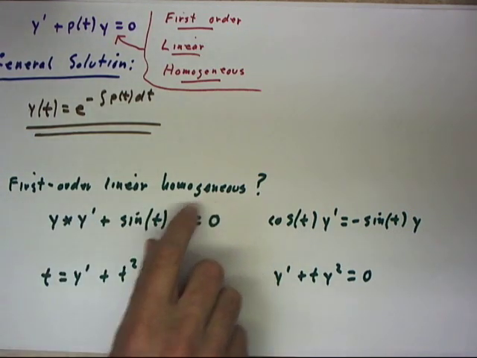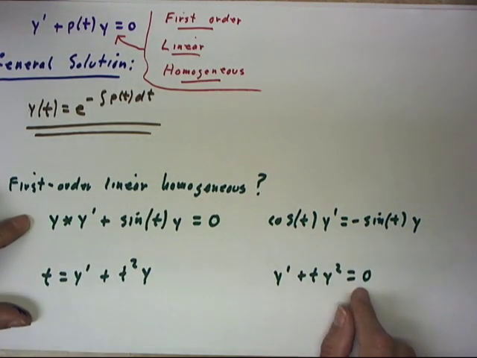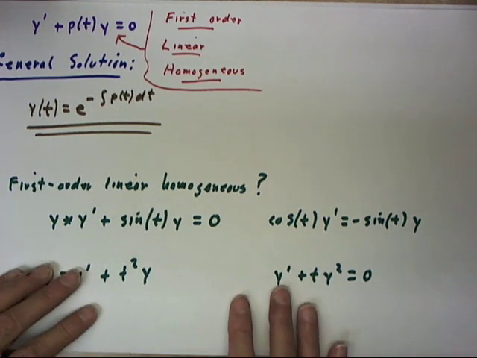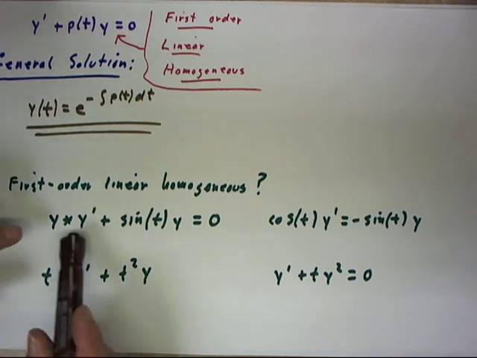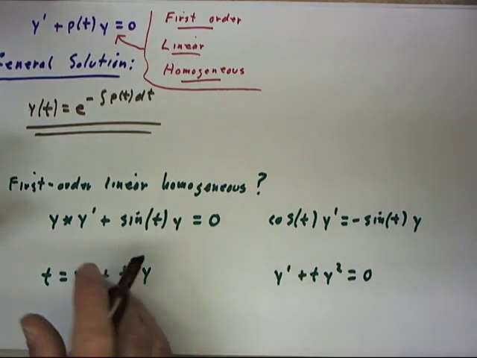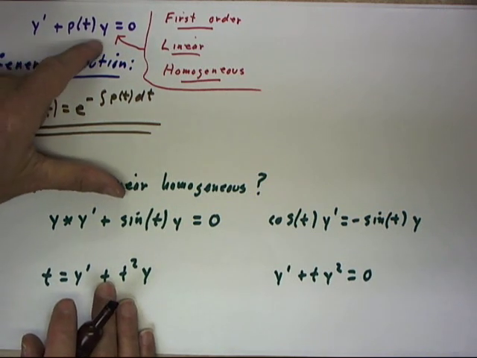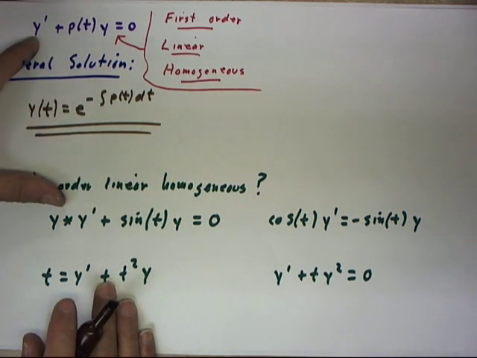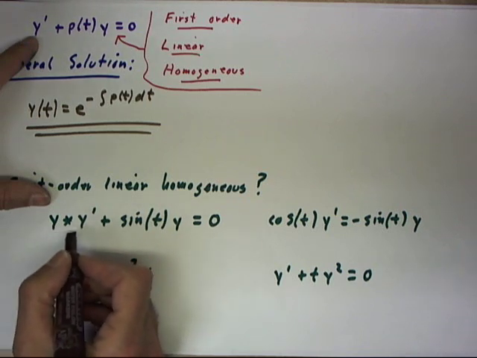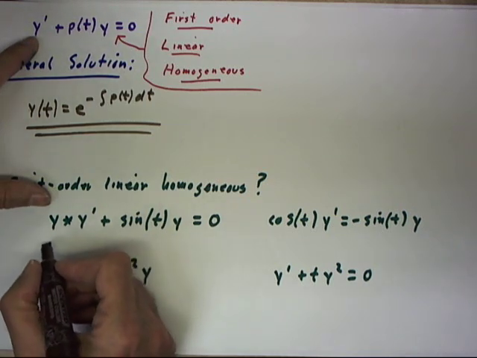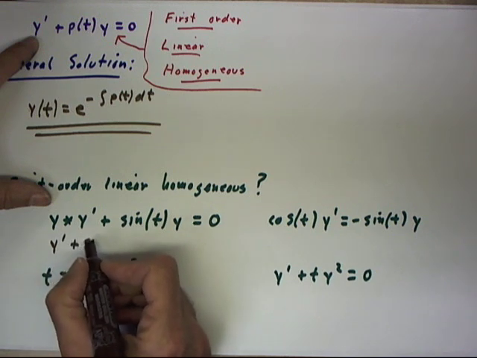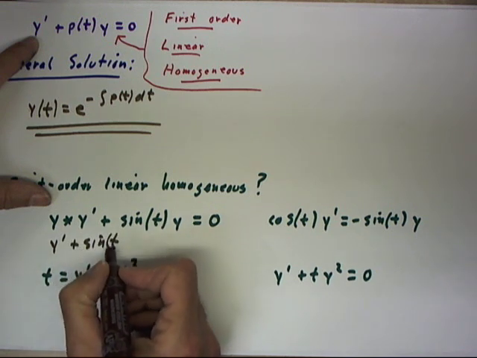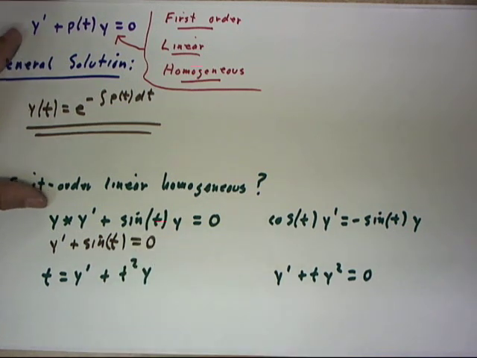Now we ask the question, we've got 4 equations here. Among these equations, which ones are first order, linear, and homogeneous? Consider the first equation. Now we've got to put it in the form y prime plus something times y equals 0, so the first thing we have to do is divide out the coefficient of y prime, and that's going to give us y prime plus sine of t equals 0.